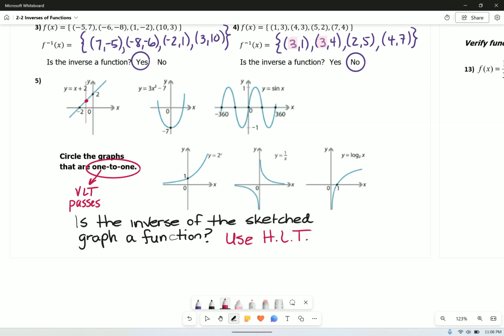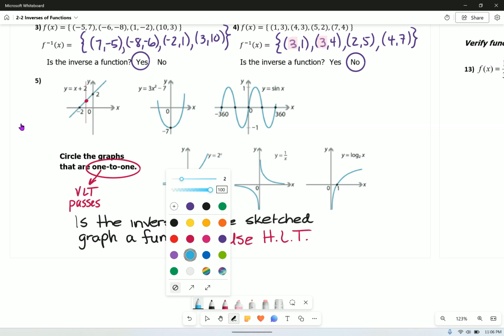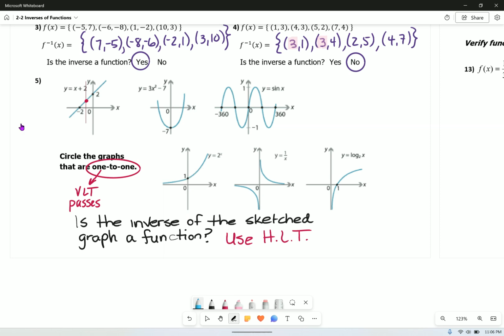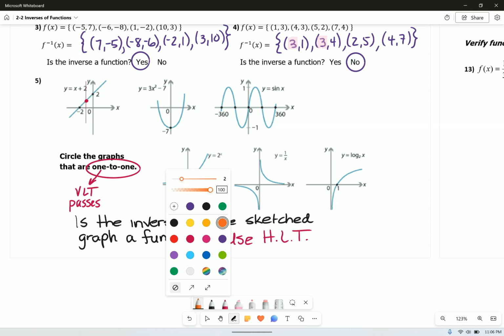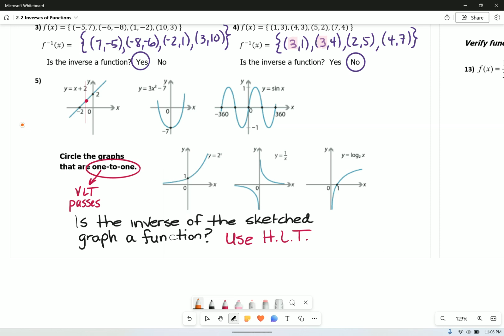Is the inverse a function? So what we're going to do, let's use orange. Let's draw a horizontal line test anywhere. So I'm going to draw a horizontal line, and I want you to see that the horizontal line only touches one time. So if the horizontal line test also passes, what you are telling me is that the graph is 1-to-1.